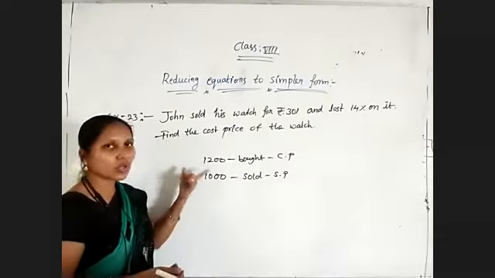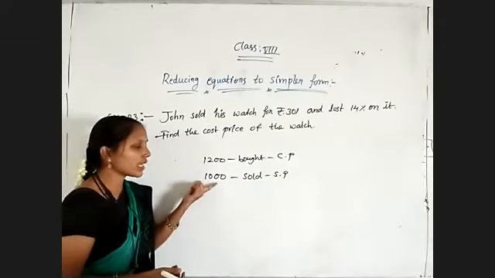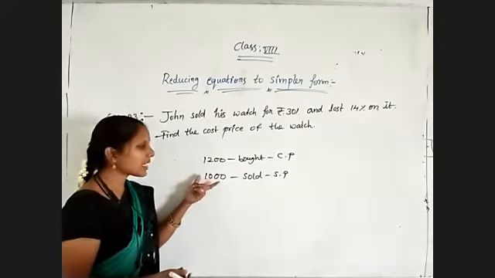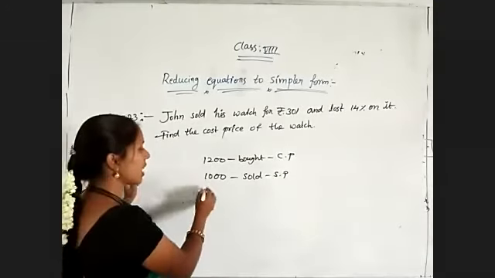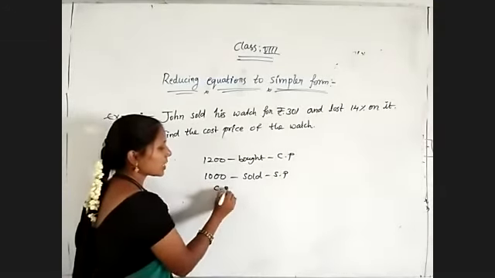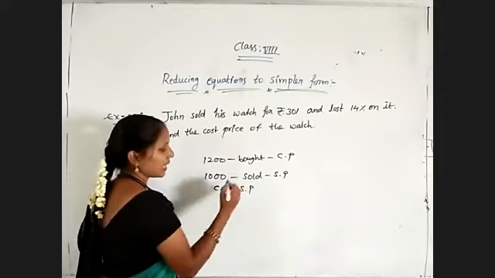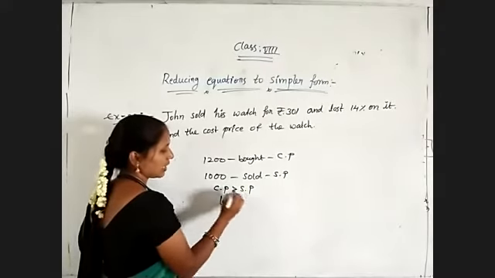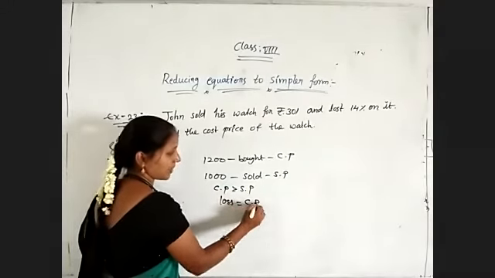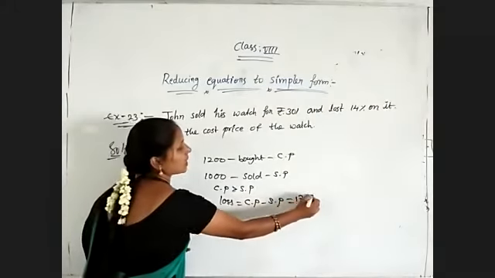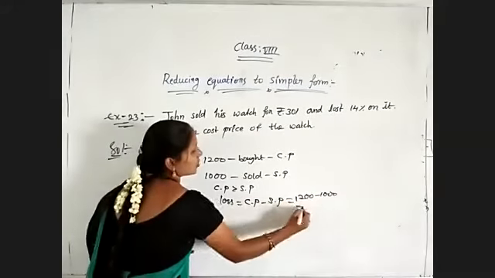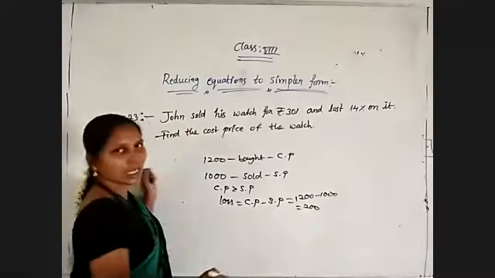And here observe that 1200 is more than 1000, which means I am getting a loss, a lesser amount. Whenever CP is more than SP, I will get a loss. So loss is given by CP minus SP: 1200 minus 1000, which is equal to 200 rupees of loss.